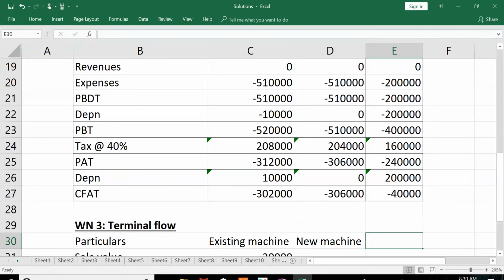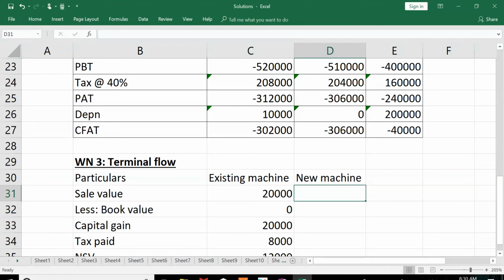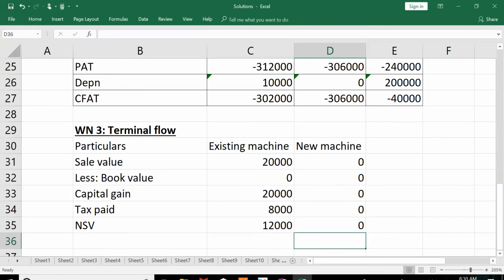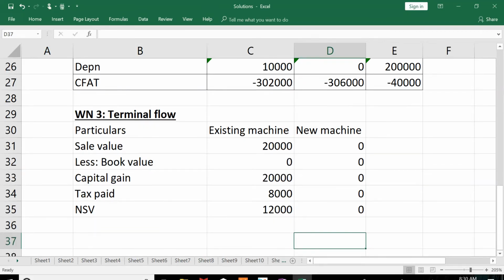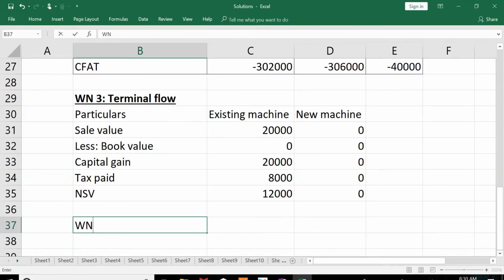Any doubts on this? Can we proceed? Step 3. What will be the sale value of this new machine after 5 years? 0. Book value? 0. No gain, no tax, no NSV. Now I'll consolidate this. First get the incremental number and then calculate NPV. Working note 4.